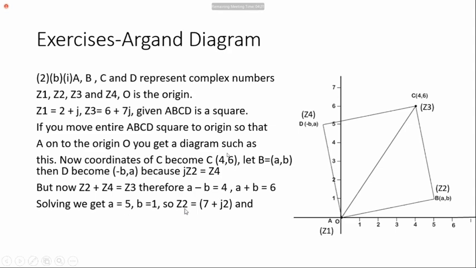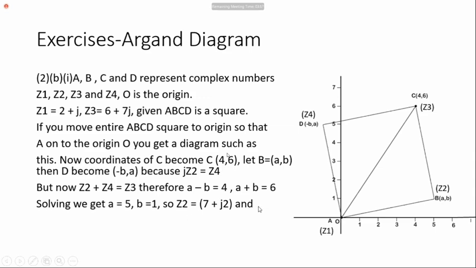Now what will Z2 be then? Remember, here the position is 5 comma 1. The Z3 position is 5 comma 1, right? But the actual original position, you have to add the 2 and 1.